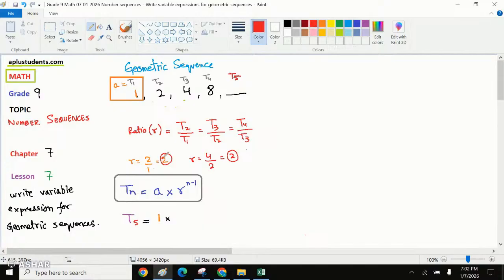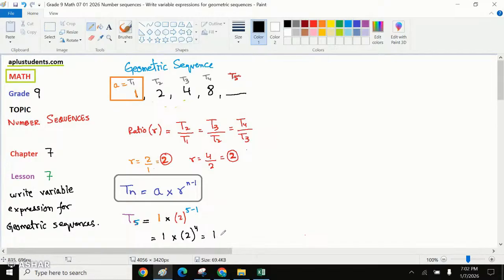The common ratio was 2, to the power of 5 minus 1. So we can say 1 multiplied by 2 exponent 4.